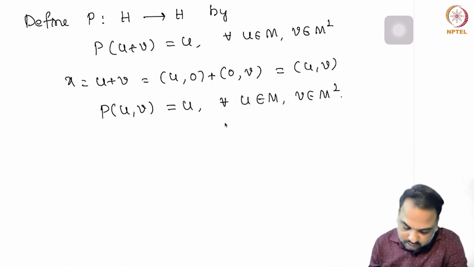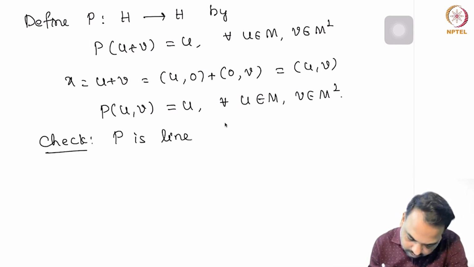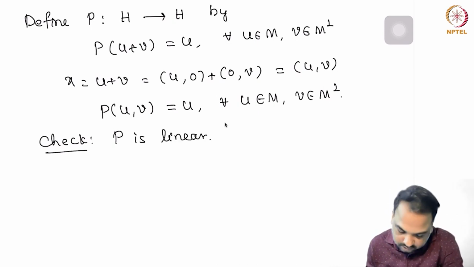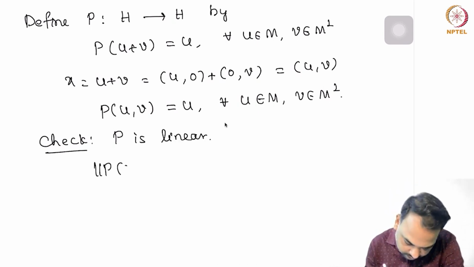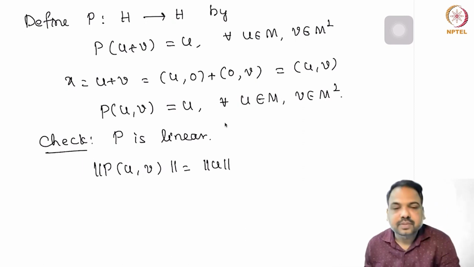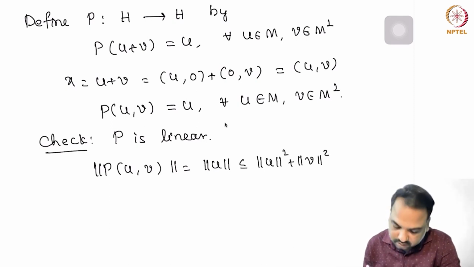So it is easy to check that P is linear, and we can also check that it is bounded. Norm of P(u, v) is nothing but norm of u, but this is less than or equal to the square root of norm u squared plus norm v squared.